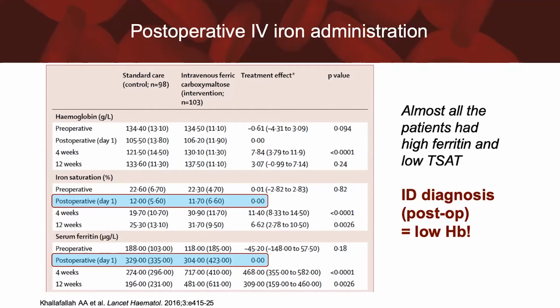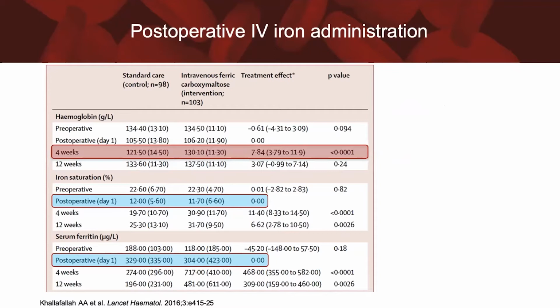So, in fact, patients' iron deficiency was mainly diagnosed with a low hemoglobin rather than with a low transferrin saturation or low ferritin. Those patients who were treated had higher hemoglobin at 4 weeks than patients with standard of care.